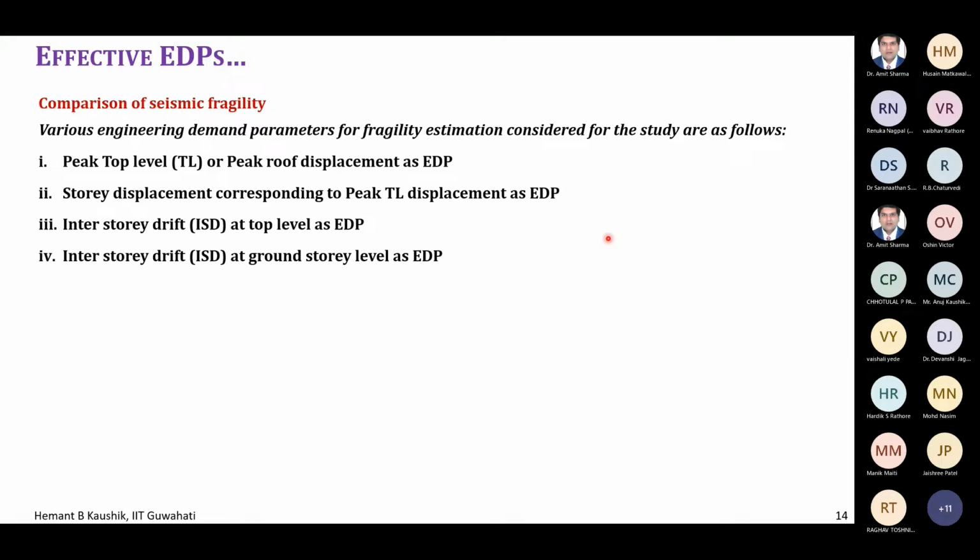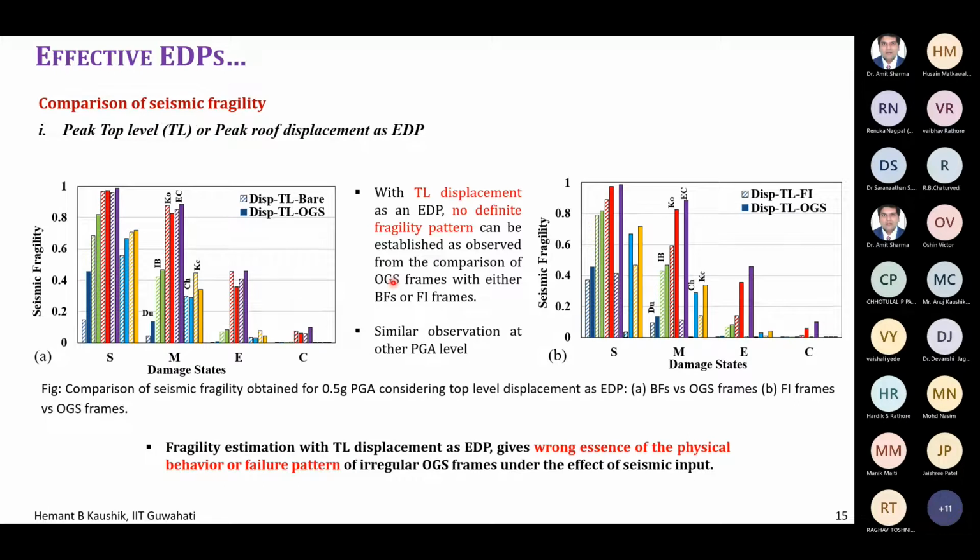So then we can compare various engineering demand parameters similarly. We have compared the peak top level. We can compare the story displacement corresponding to peak top level displacement, and then the interstory drift at top level. We have already considered that, and the interstory drift at the ground level. And if we find out the seismic fragility, we get these kinds of results for different ground motions.